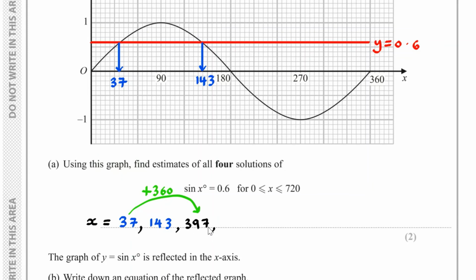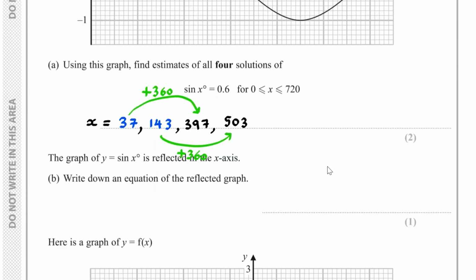And then to find the other value, again, I need to take this value and add on 360. And if I do that, I get 503. And that's recognizing that sine is periodic. It repeats every 360 degrees.